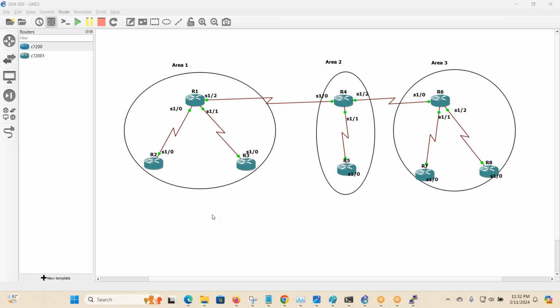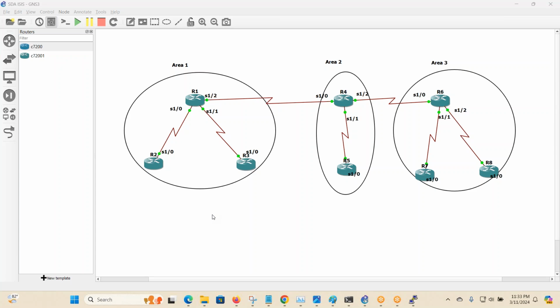Saqib, for SDA, is it mandatory to use ISIS, or can we use any routing protocol? It is not mandatory. You can even use OSPF, but the recommended one is ISIS. The benefit of using ISIS is that it can carry the prefixes or addresses of different address families. OSPF is for IPv4 or v6 only, while ISIS can carry different services. In all the latest Cisco technologies, like Cisco Cloud, we are using ISIS. FabricPath is not used anymore.